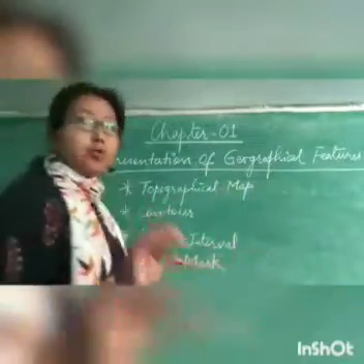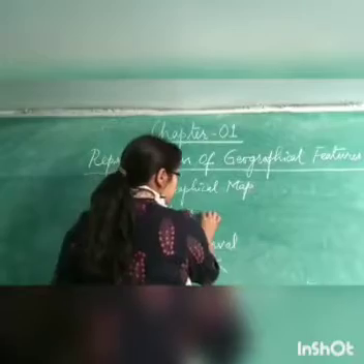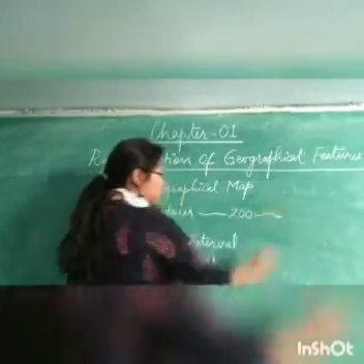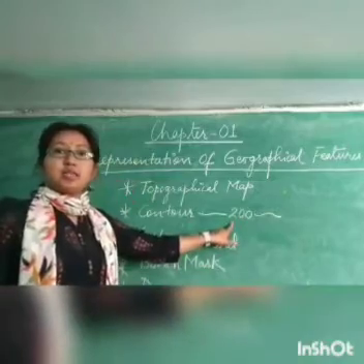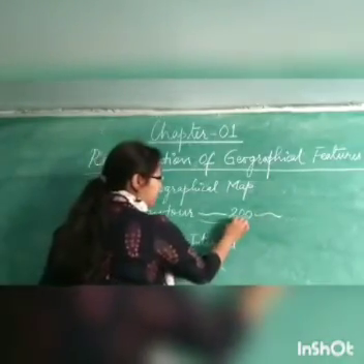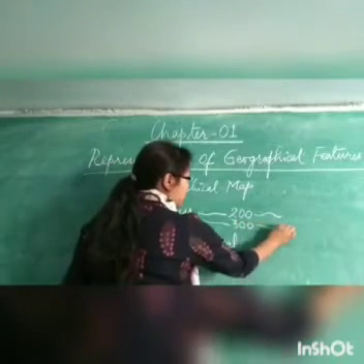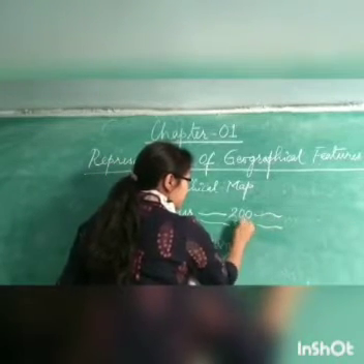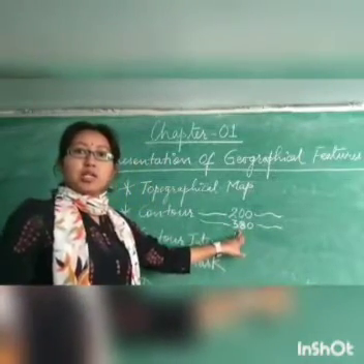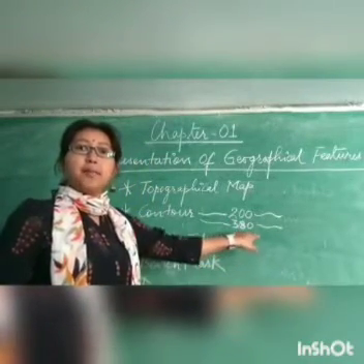Contours are generally shown by brown color. So it's like this, 200. So this is contour height with 200 meter. And this is a contour line with contour height 380 meter.